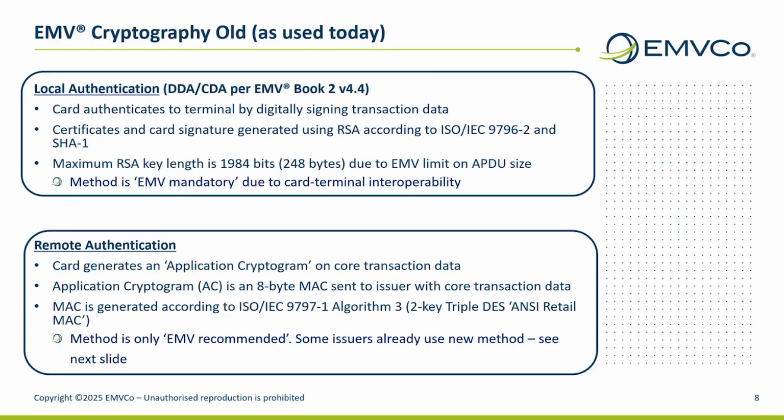The card digital signature is of type DDA or CDA, depending on when in the transaction it happens and the amount of data authenticated by the signature. Two points to note here are that the maximum RSA key size is 1984 bits, due to the maximum size of the card response message, and that the algorithm is mandatory and EMV type approved, so as to ensure global interoperability between cards and terminals that perform local authentication.